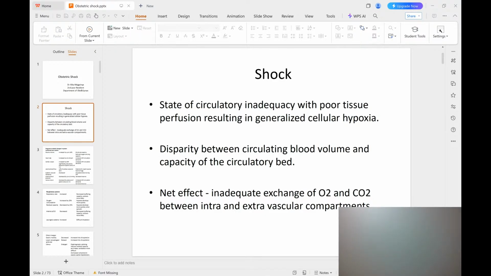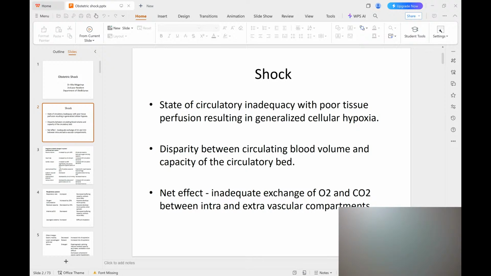There will always be a disparity between the circulating blood volume and the capacity of the circulatory bed. So the net effect will be inadequate exchange of oxygen and carbon dioxide between the intravascular and extravascular compartments.